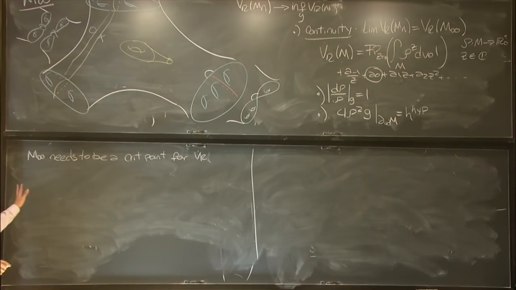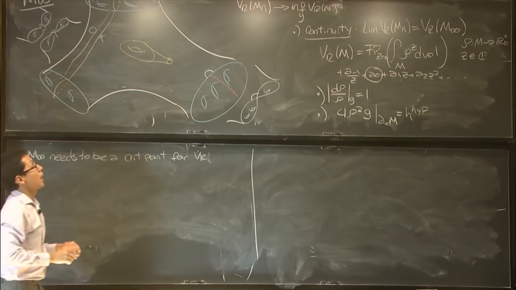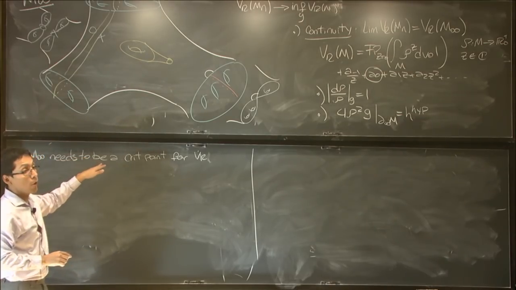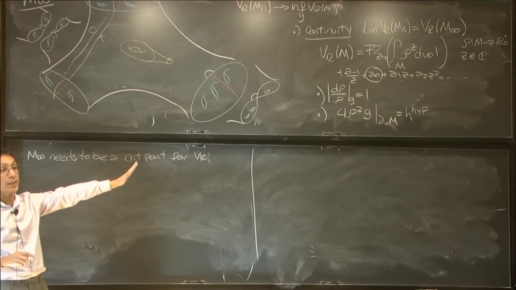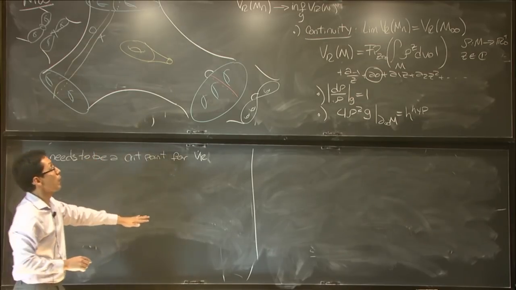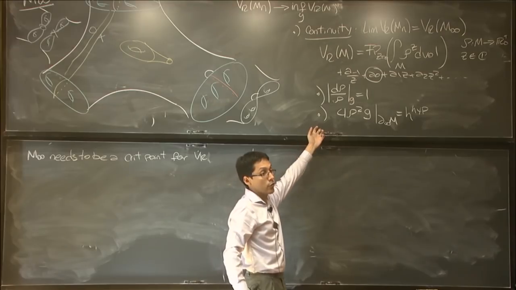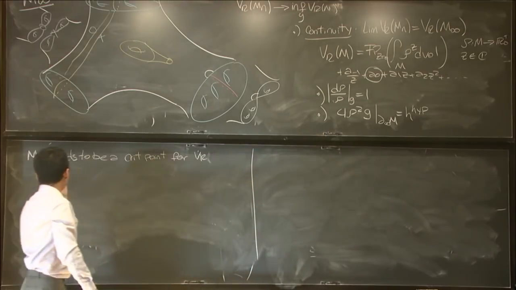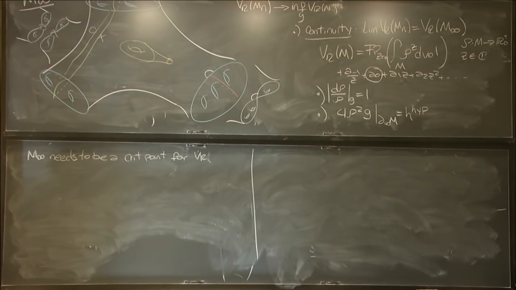And the idea of this is, remember that M infinity was obtained by a sequence going to the infimum. If it wasn't a critical point, then we would be able to perturb our sequence a little bit to obtain a lower value. And for that, we are using continuity not trivially. So then M infinity needs to be a critical point for this.